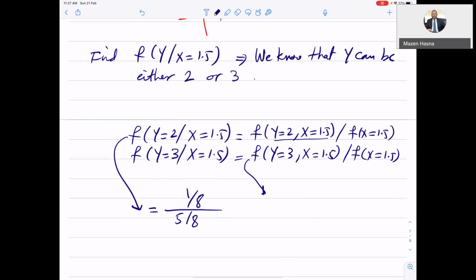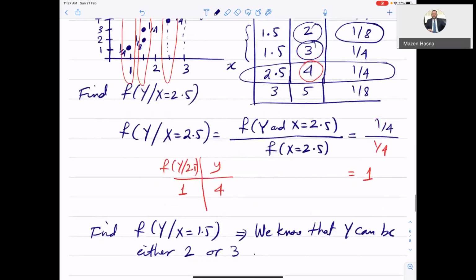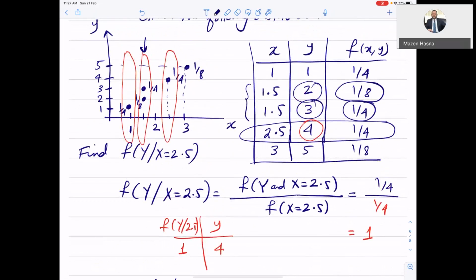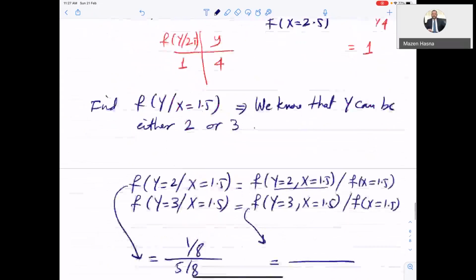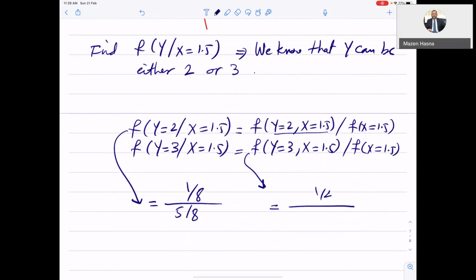And let's see the other one. f of y equals 3 and x equals 1.5 is 1 over 4, divided by f of x equals 1.5, which is the same, 5 over 8.